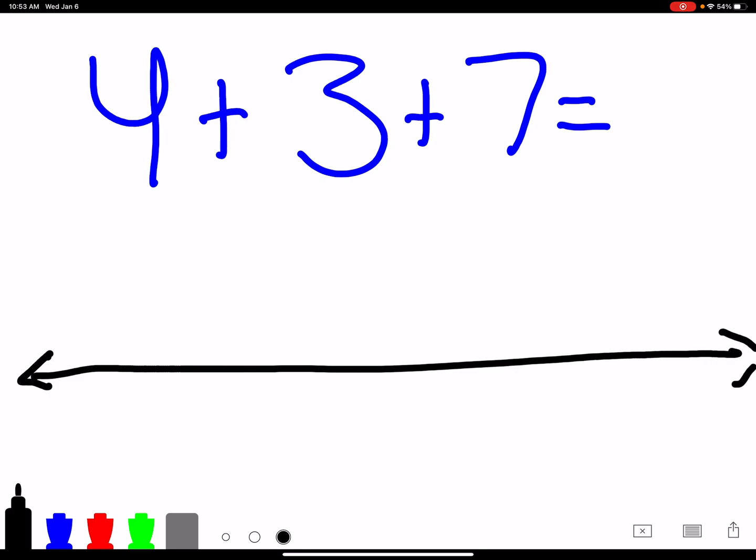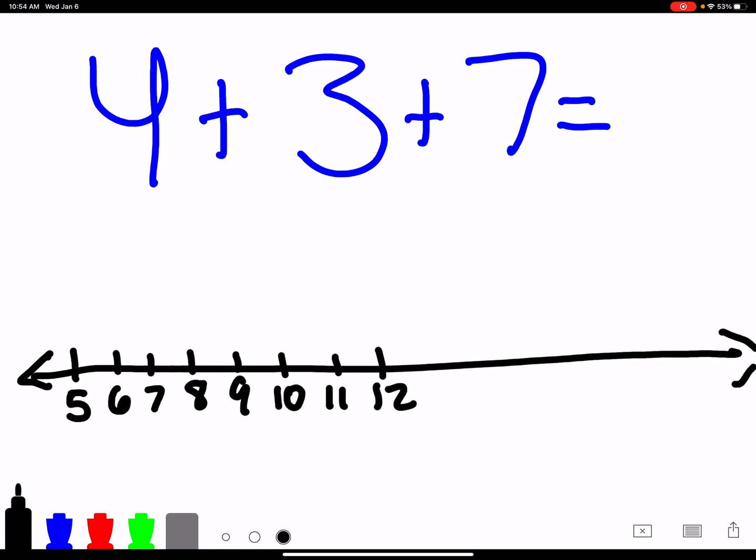And since my screen is not super long, I'm going to start with the number 5, 6, 7, 8, 9, 10, 11, 12, 13, 14, 15, 16, 17, and 18. And we'll just pause on 18 because I don't think our answer is going to be over that.